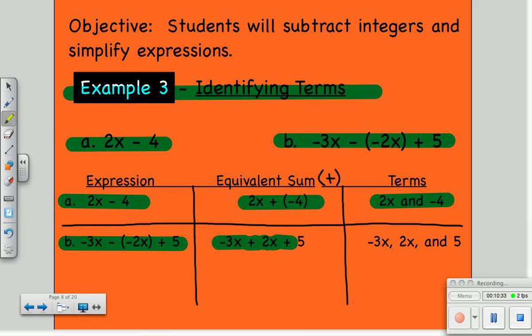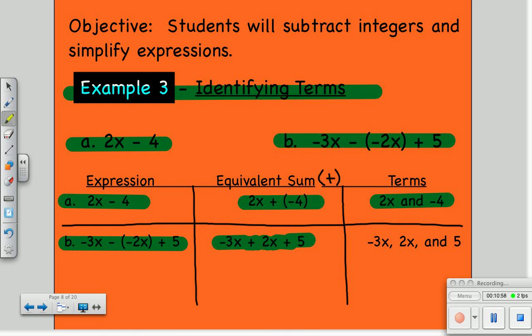So 5, oh, it already was addition, I'm sorry. It already was addition of 5. So it stays the same, addition of 5. My mistake. If it's already addition, you don't change it to subtraction, you leave it addition. And the terms of that problem are negative 3x, 2x, and 5.